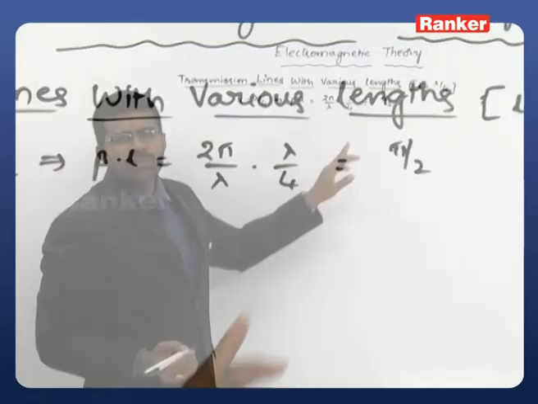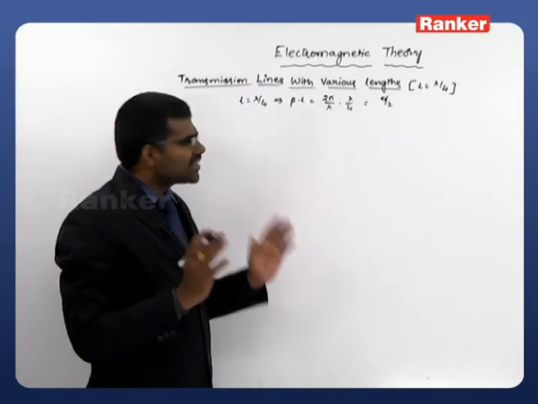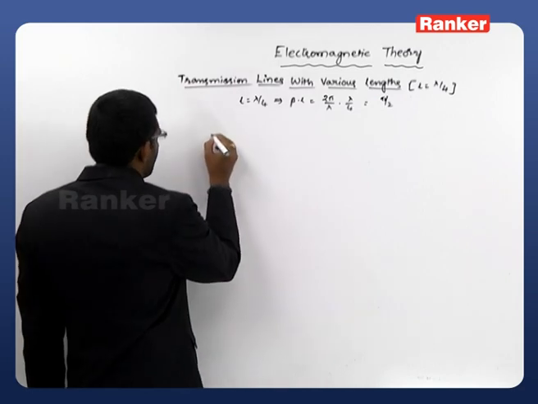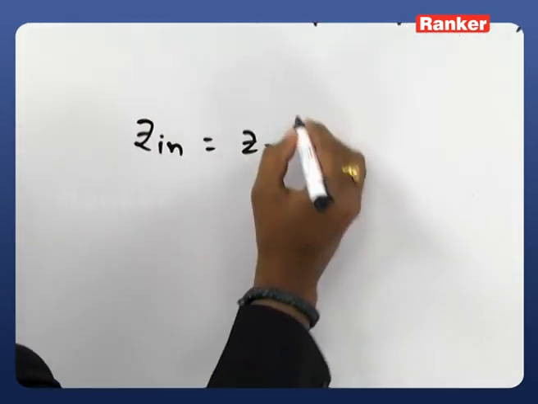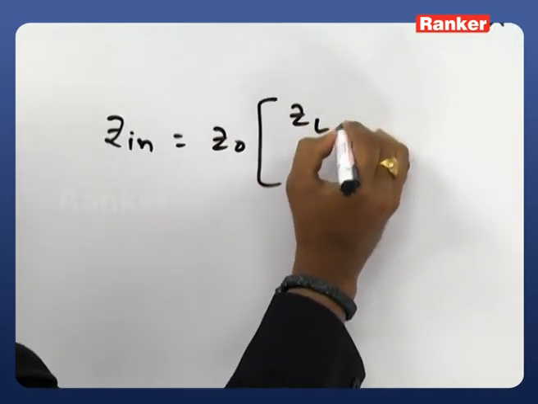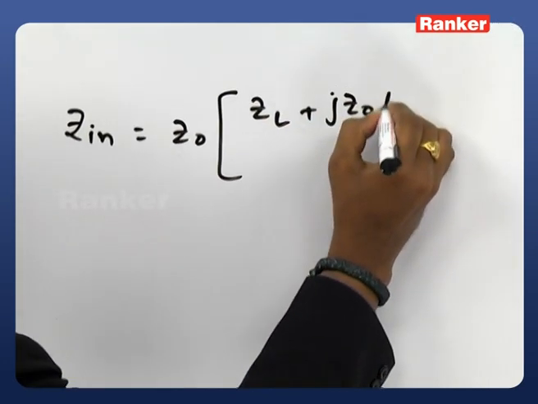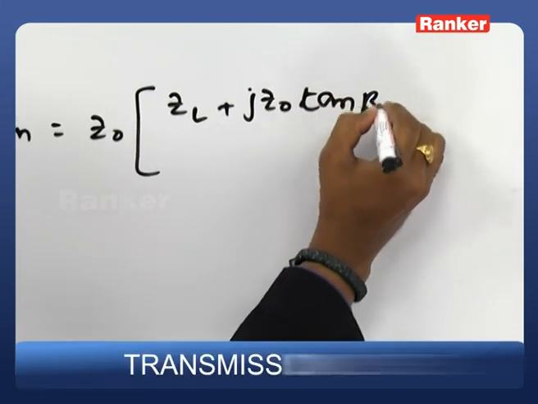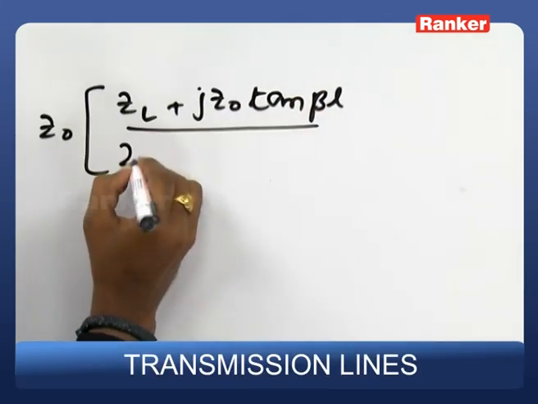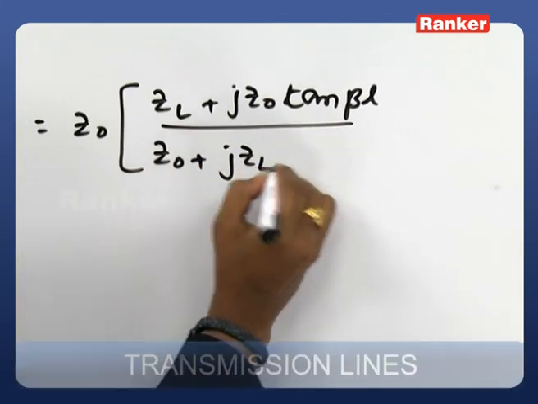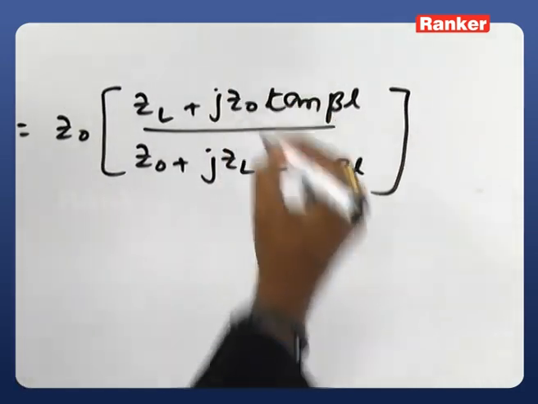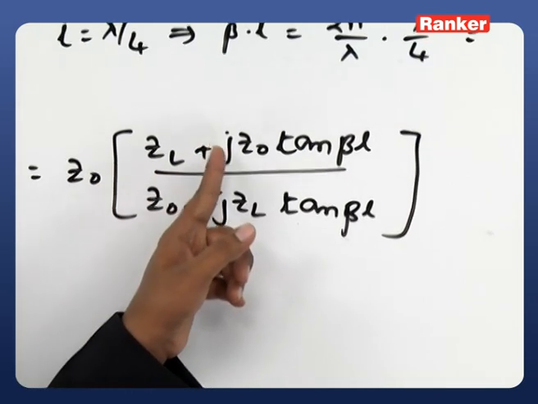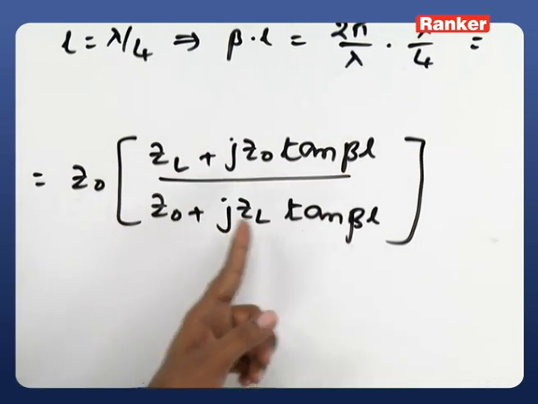Now I will start with the general line. For a general line, what is the input impedance? Zin is equal to Z0 into (ZL plus jZ0 tan beta L) divided by (Z0 plus jZL tan beta L).